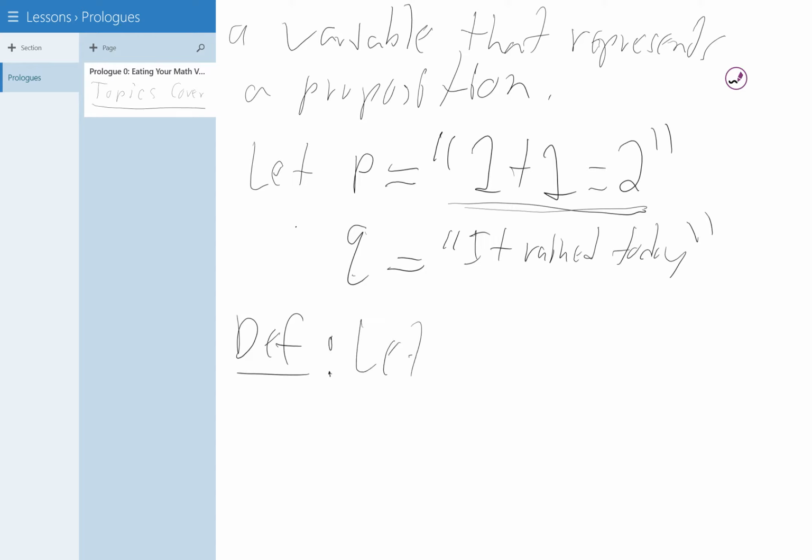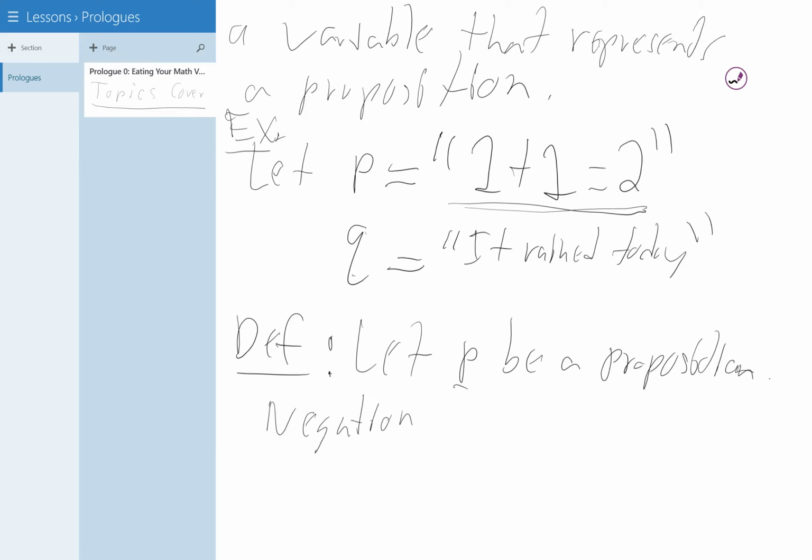So let p, the variable, be a proposition. So remember, p is a propositional variable, so now it could stand for some proposition, right? Example. Okay. Let p be a proposition. Then the negation of p. If any of you have done any kind of programming, you've heard of a not operator, it's basically the same thing.